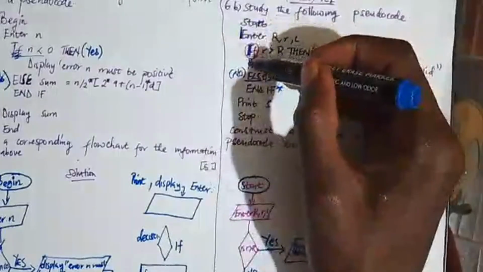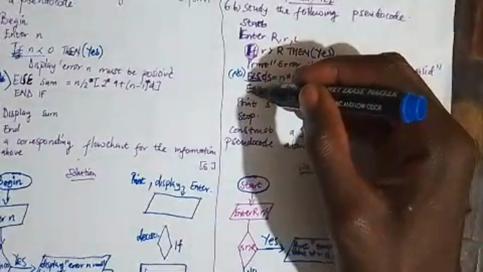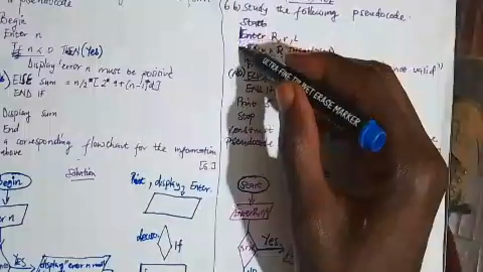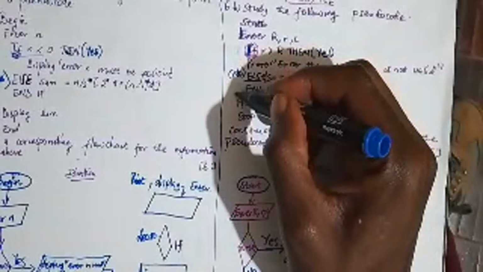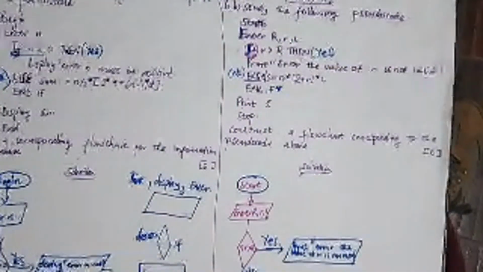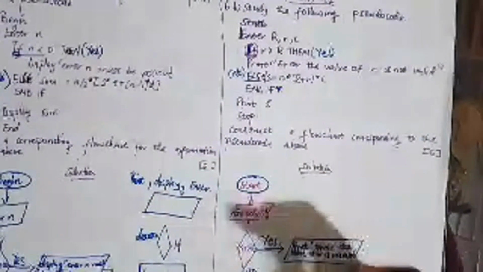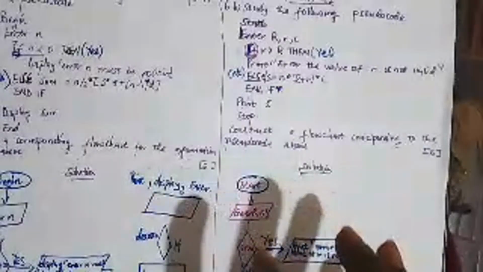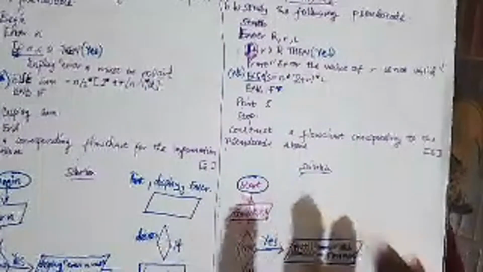But if display or print and else, they should be on the same line. Then print and enter should be on the same line. The way they are like this is the way you're supposed to write. How can you memorize this before you write your paper on Monday?